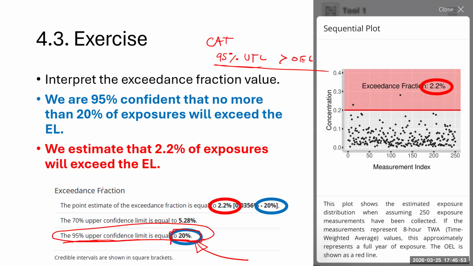So instead of 95%, maybe you could just use the words that AIHA has. I know that they don't mean it for this context, but to say, oh, we're very confident that no more than 20% of our exposures are above our exposure limit, something like that.